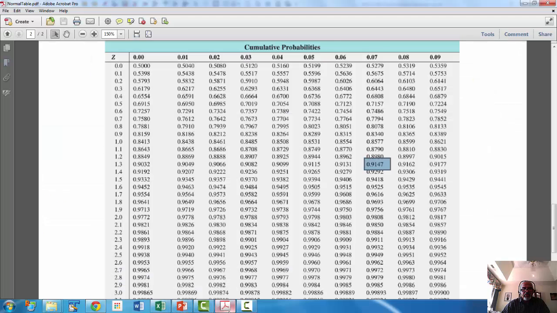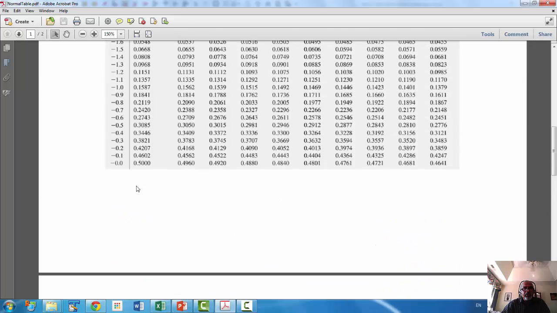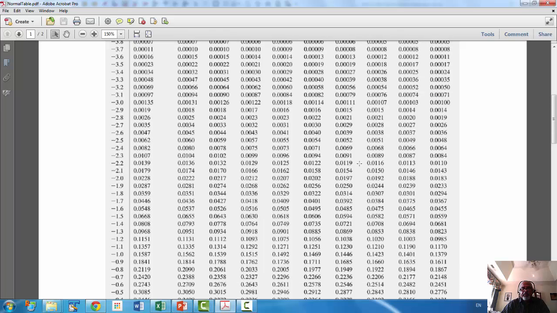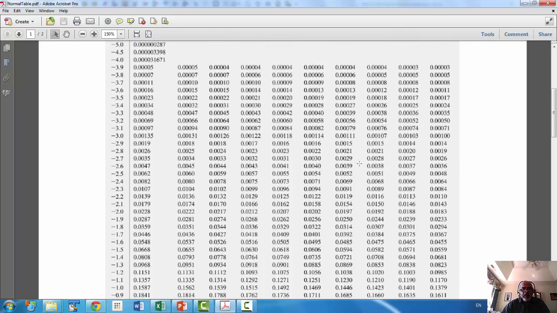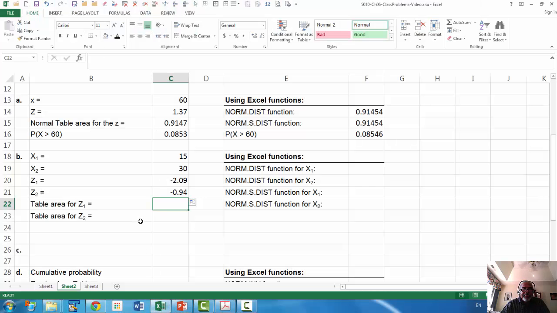So minus 2.09. So go to the minus side, minus 2.09, okay, which is there, 0.0183.